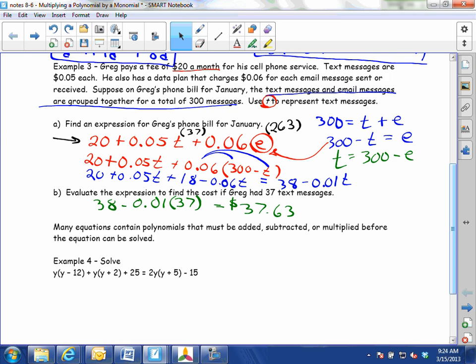Alright, so put those in for T and E. We end up with the same answer. Isn't that cool how that works? Plug it in up there and plug it in down here and you still get the same answer.